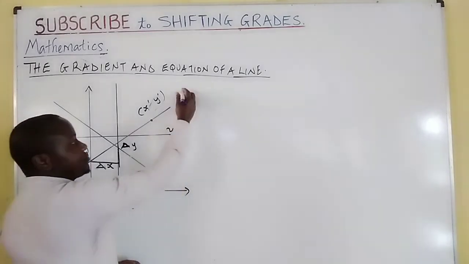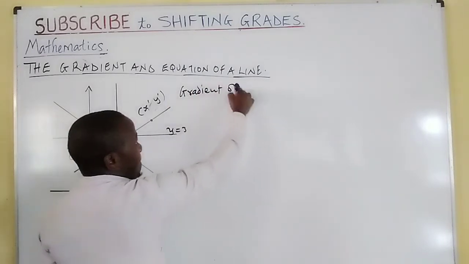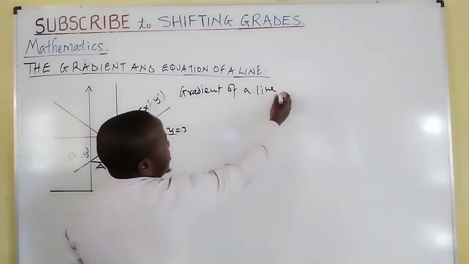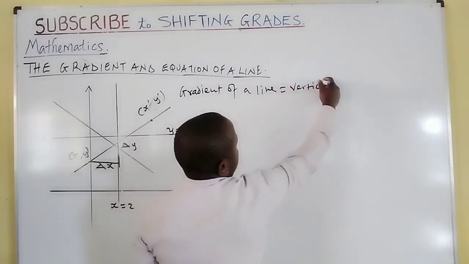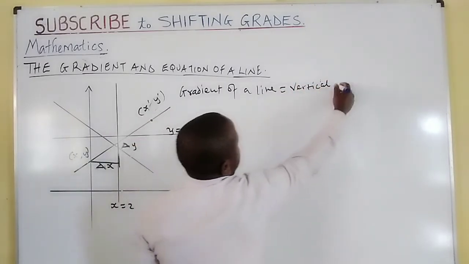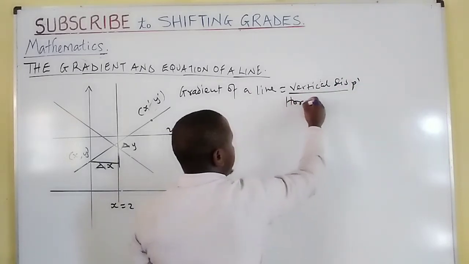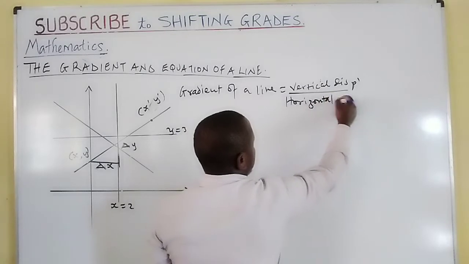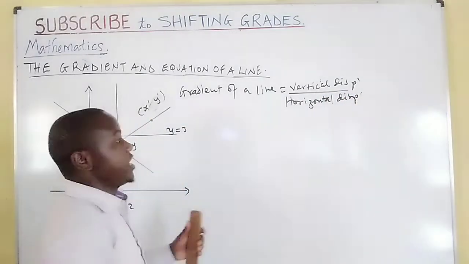Therefore, we say that the gradient of a line is given by the vertical displacement divided by the horizontal displacement.